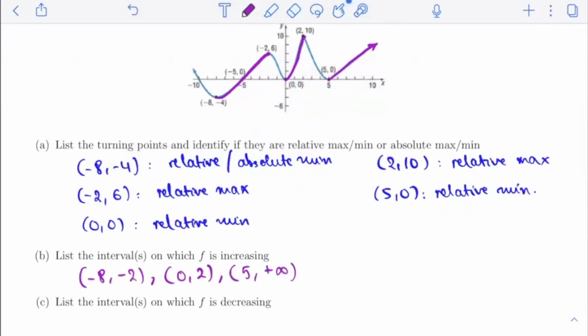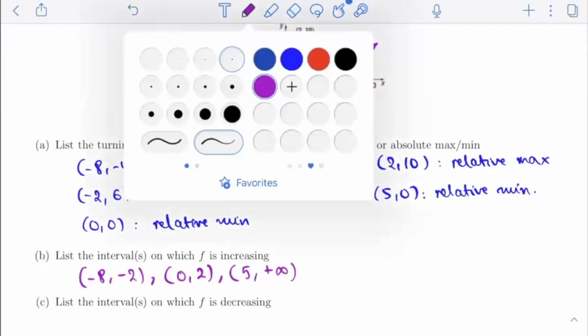A few warnings here when you write notations of interval of increasing, interval of decreasing, and interval of constant function is that you use only parentheses to describe it, and you use the x values. There's no bracket for the interval of increasing, no bracket for interval of decreasing, and no bracket for interval of constant functions.